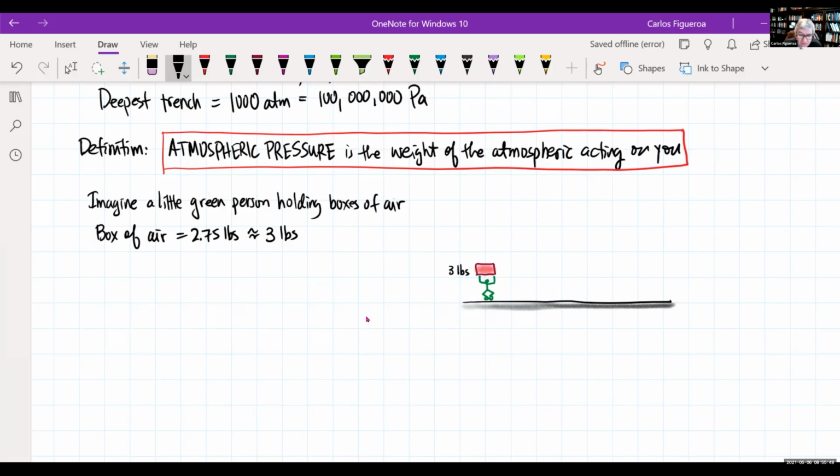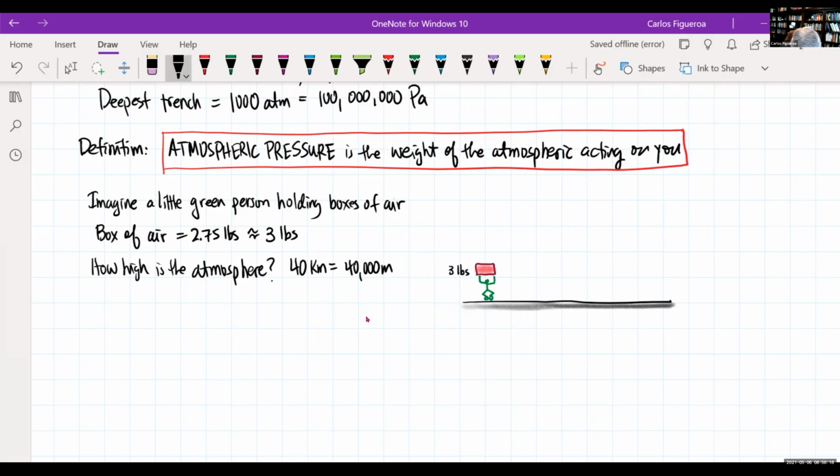That represents the air. So the question now is, how high is the atmosphere? And the answer is that it's 40 kilometers, which is equivalent to 40,000 meters. So 1 meter represents 3 pounds.